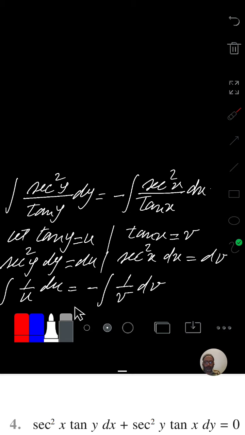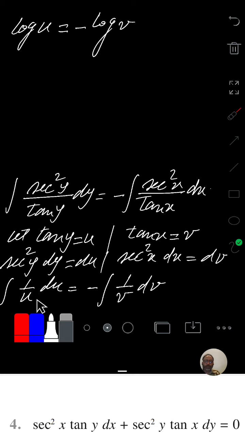Now proceeding from this step, on the left hand side we get integral 1 upon u du. So integral of 1 upon u with respect to u will be log u, and on the right hand side minus integral of 1 upon v with respect to v will be log v. Here mod v is understood. Whether we write modulus or not, it is considered to be modulus because log is not defined for any negative number.